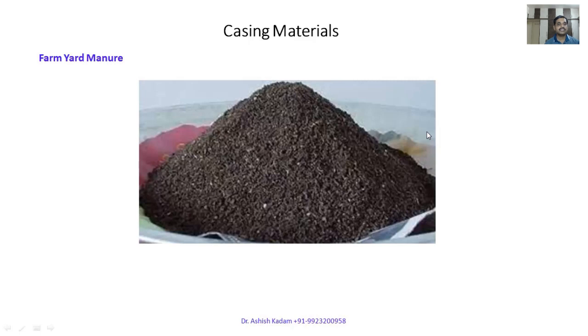You can see this casing material. This is farmyard manure. This is basically organic waste of the farmyard, which is completely decomposed and then screened. That is why you can see very small grains. There are no big chopped cuts or lumps in this.